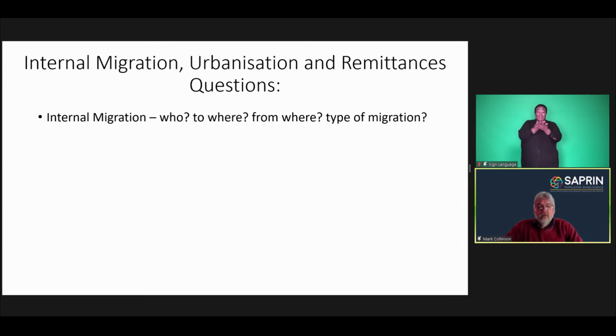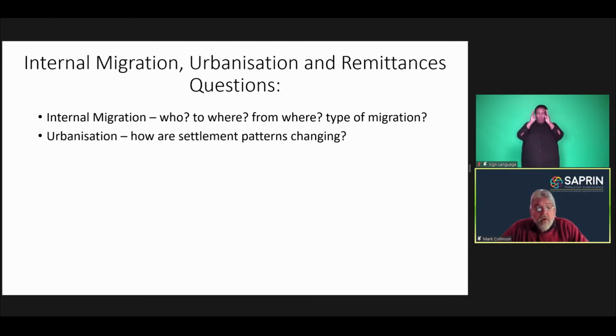The kinds of questions here are as follows: around internal migration, who's moving to where, from where. This two-way from where is interesting because streams are important. This was something that Kath mentioned as corridors. Let's talk about those.